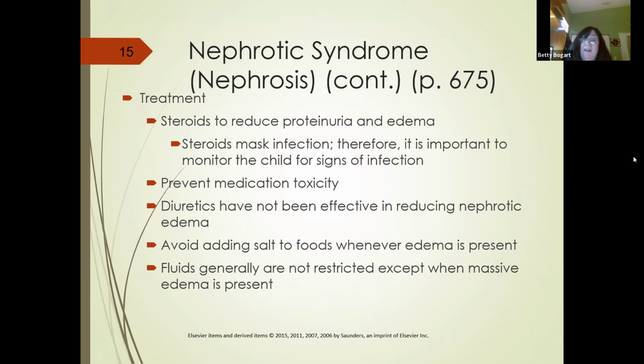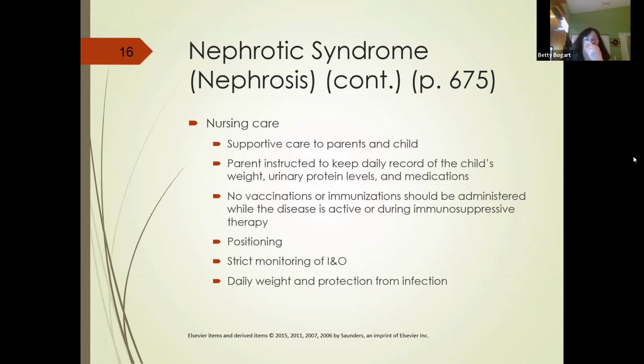Now, diuretics don't really work with nephrotic syndrome. You think they're swollen, they have peripheral edema, you give some furosemide, some Lasix, it works, right? Not with this. Again, avoid the salts, and of course, fluid should be decreased when they're really swollen, but at other times they can drink fluids as they want.